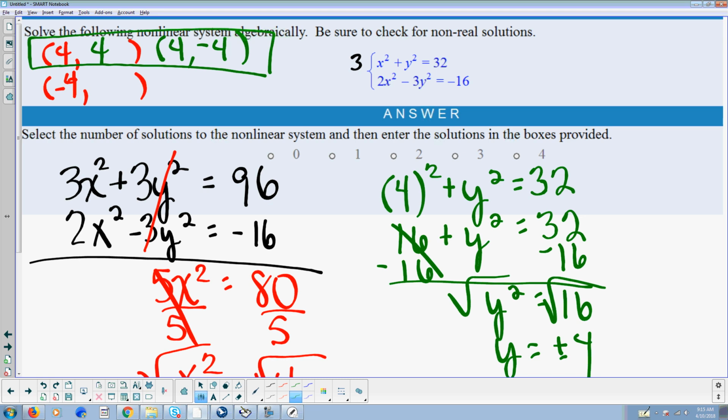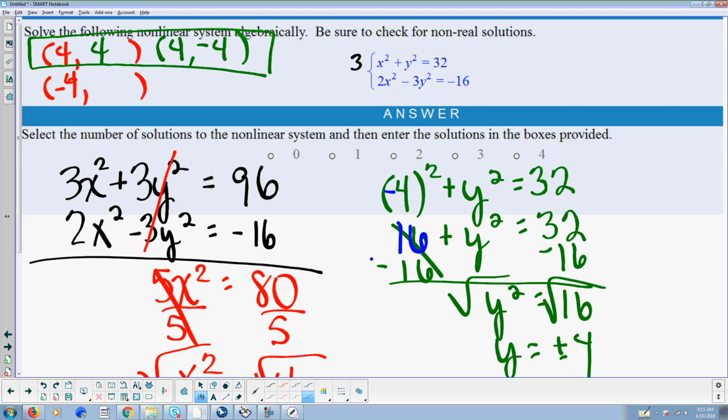Then I have to consider the possible solutions I get if I substitute negative 4 for x. If I substitute negative 4 for x, I want you to notice what happens here. Negative 4 squared is still going to be 16. I'm still going to subtract 16 on both sides. I'm still going to be taking the square root of both sides.